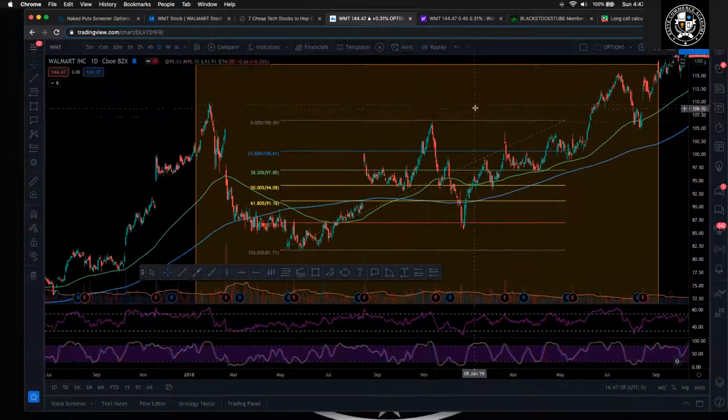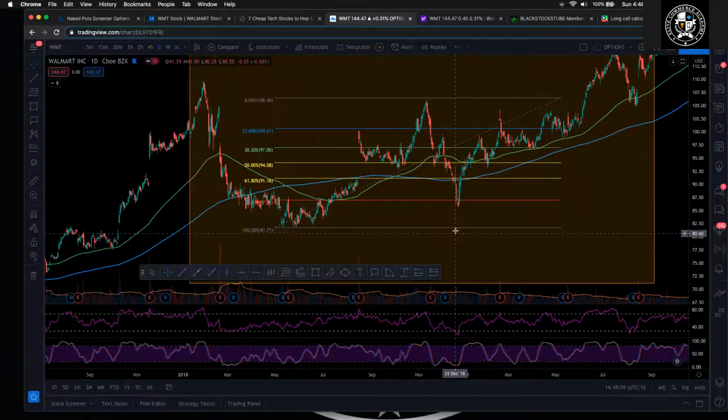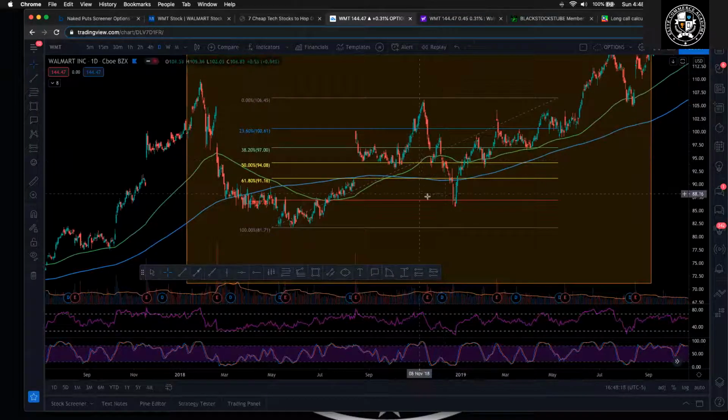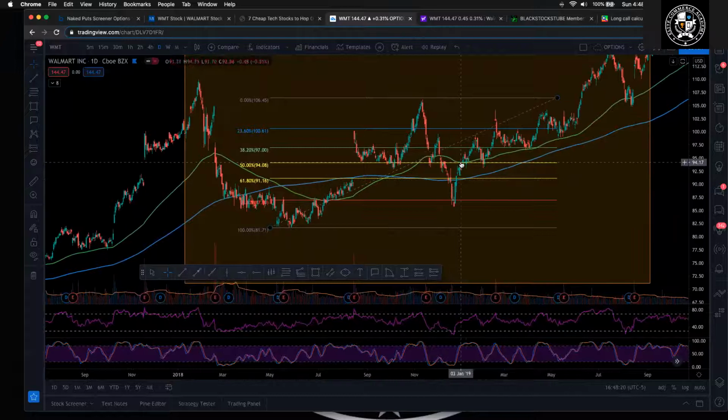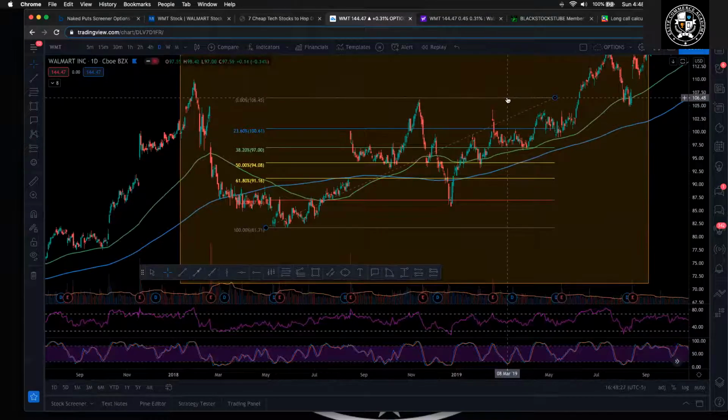I'm going to go for the 100% level, put my price target right here, and then have my stop loss potentially down here. So if I enter the trade, I might enter the trade here. I might enter the trade here at 61.8. I might enter at the 50% level, 38% level, 23% level. I gave myself 1, 2, 3, 4, 5 potential entry points with my target price up here at a previous high. You feel what I'm saying?